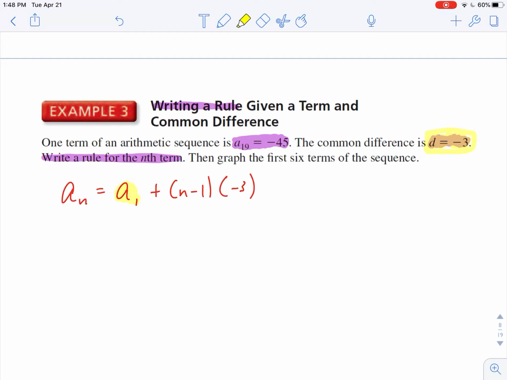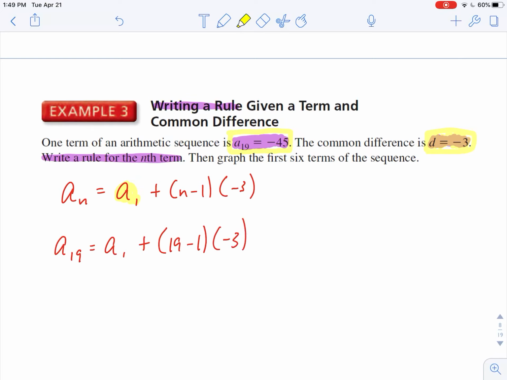So this is where it's going to be a little bit challenging, but in order for us to solve this, we're going to take this information and go in a little bit of a different direction. So let's drop it in and use it. a sub 19 is equal to a sub 1 plus 19 minus 1 times negative 3.